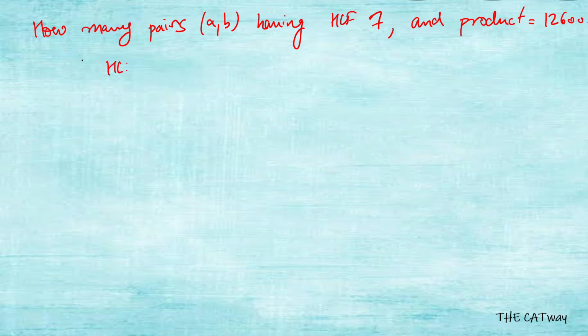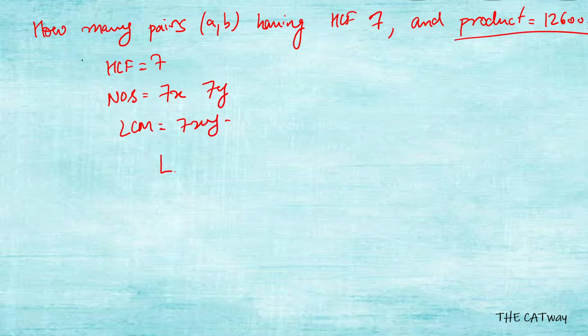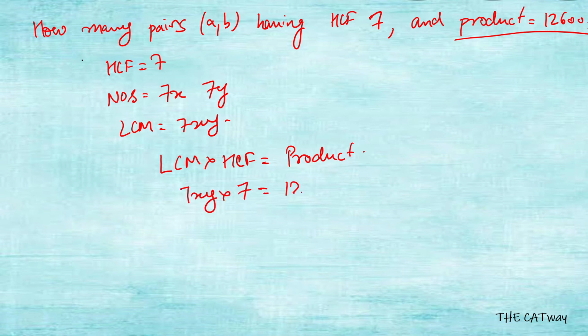When we have HCF equal to 7, we have numbers 7x and 7y. We have our LCM equal to 7xy. The product of the numbers we know is equal to LCM into HCF. So it will be 7xy into 7 equal to 12,600. This will be 49xy equal to 12,600.